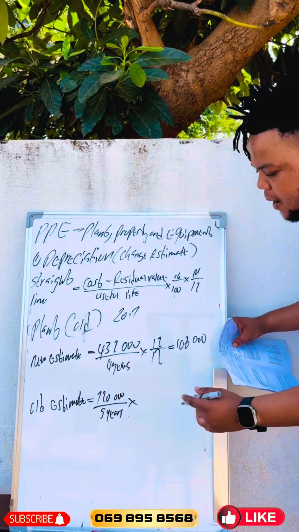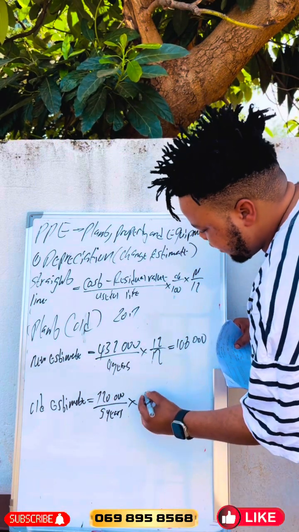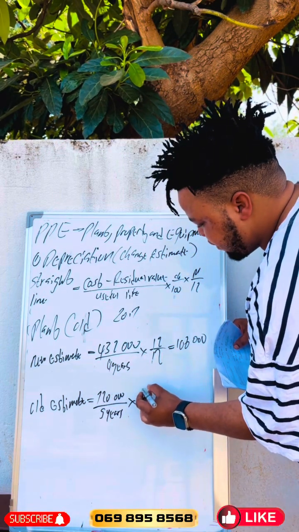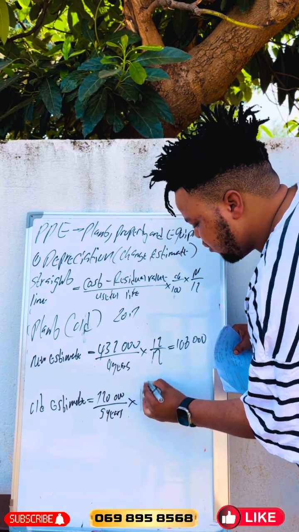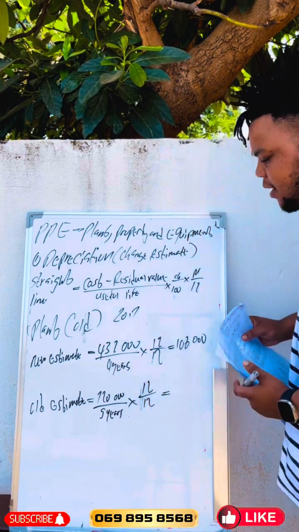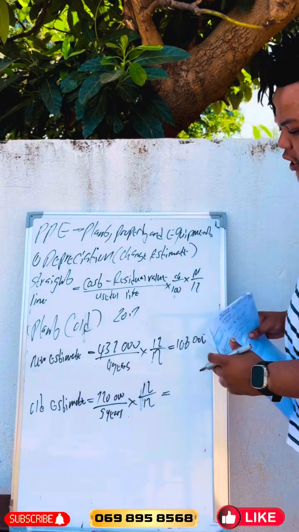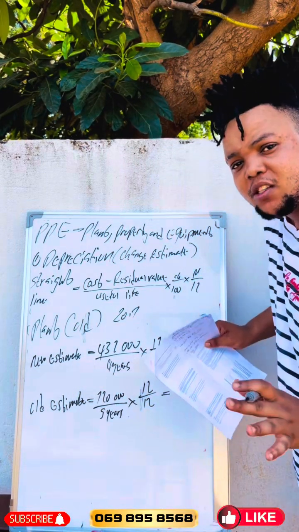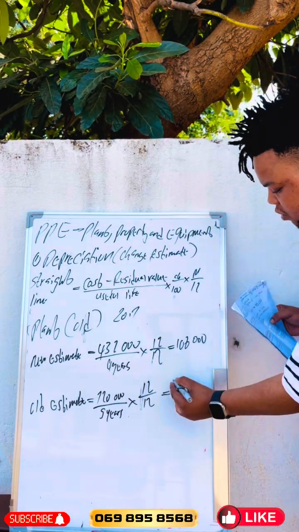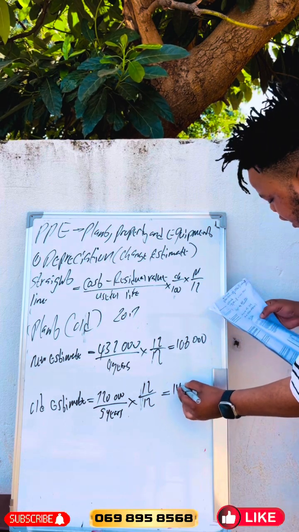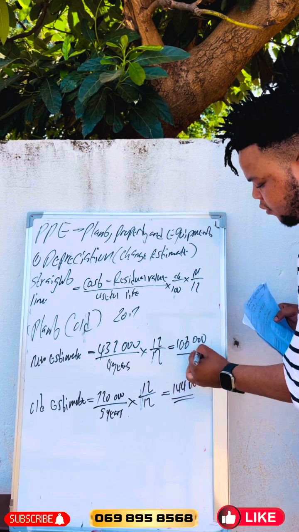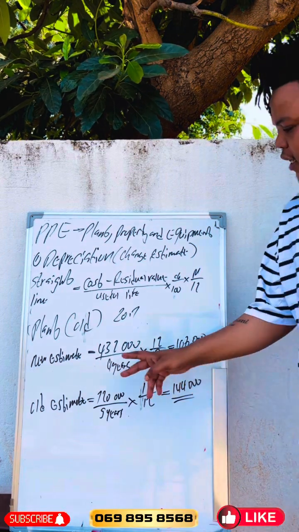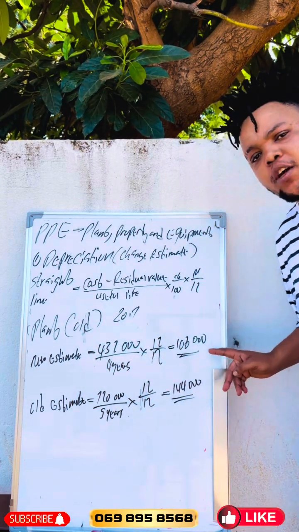Multiply by what? Multiply by our M. We don't have a percentage M, it is still old, so it is 12 over 12. Meaning that if we were using the old estimate, as if there were no changes, the depreciation would be 144,000, meaning that the new estimate gives us 108,000.